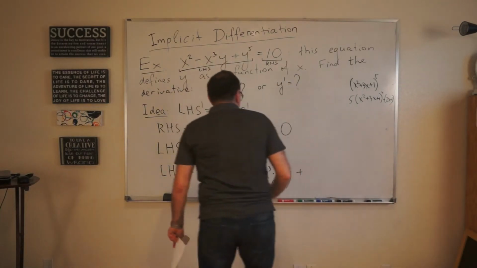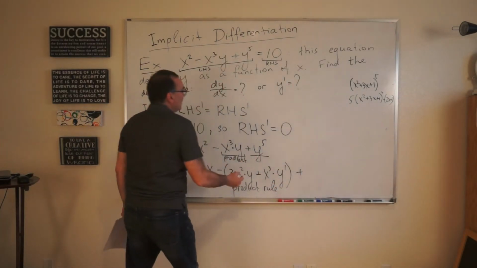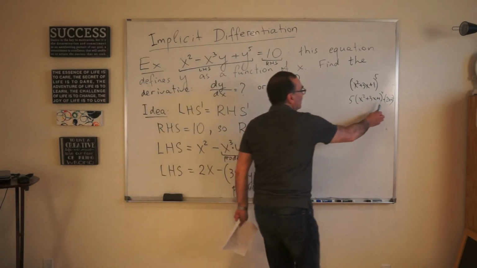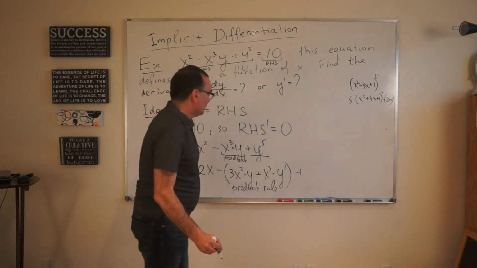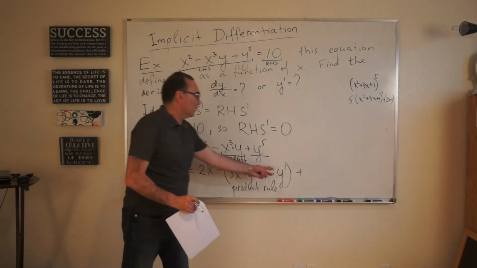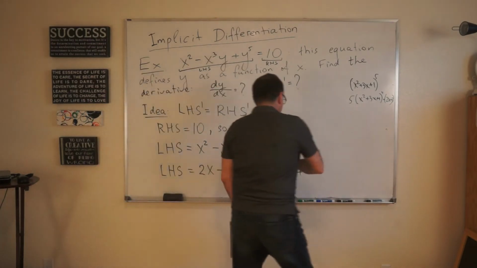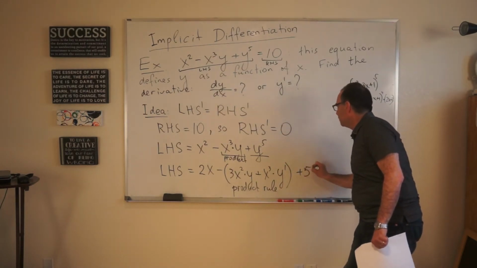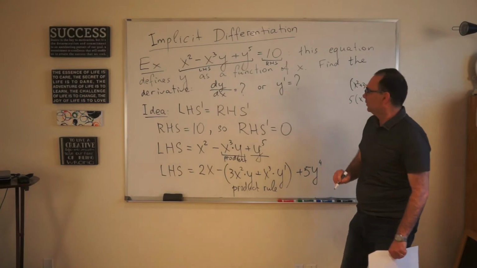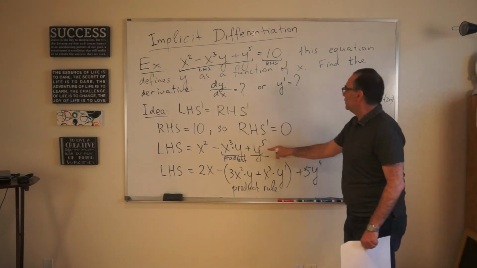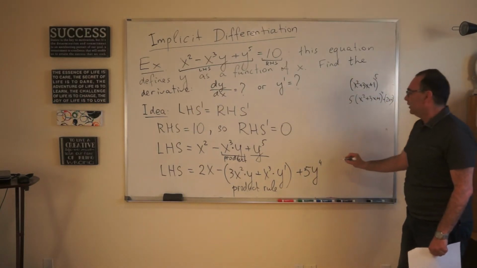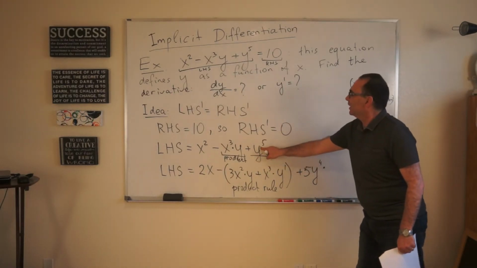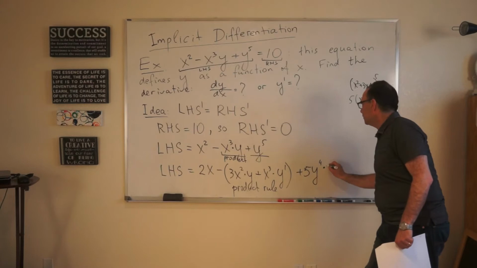Now here, we will be using the same idea, except the interior part is just y, and the derivative of y is unknown. But even though it's unknown, we can just use y prime for that. So we can do derivative of y to the fifth the following way: 5y to the power 4, which is derivative of the exterior function, and then times the derivative of the interior function. Again, since the interior function is just y, the derivative of that is just y prime.